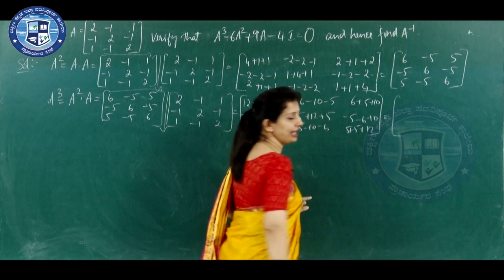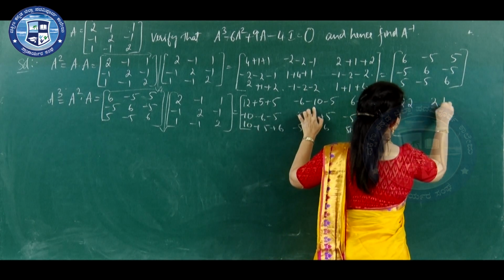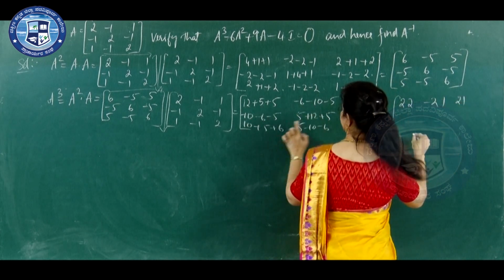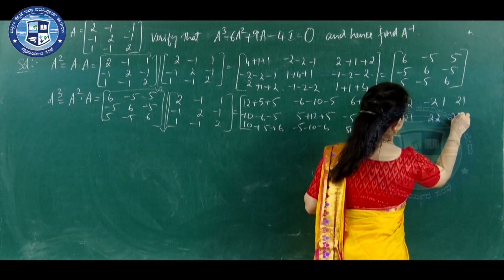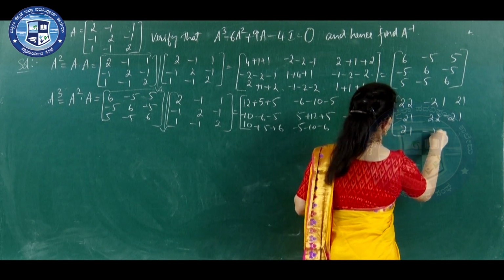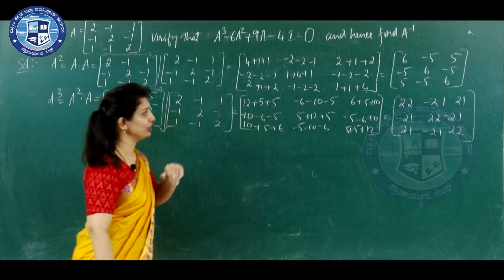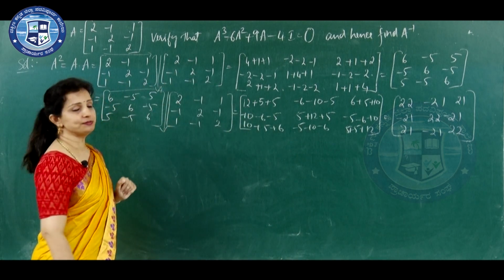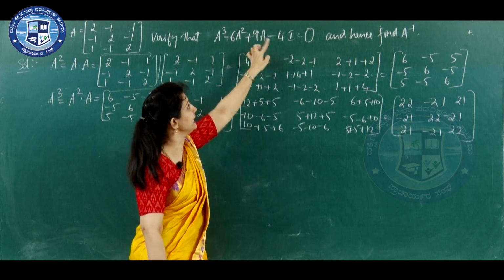So, here we have A cube which is [22 -21 21; -21 22 -21; 21 -21 22]. It is A cube. Okay? A square we got, A cube we got. Now, substitute in LHS, we want A cube, 6A square, 9A and 4I.